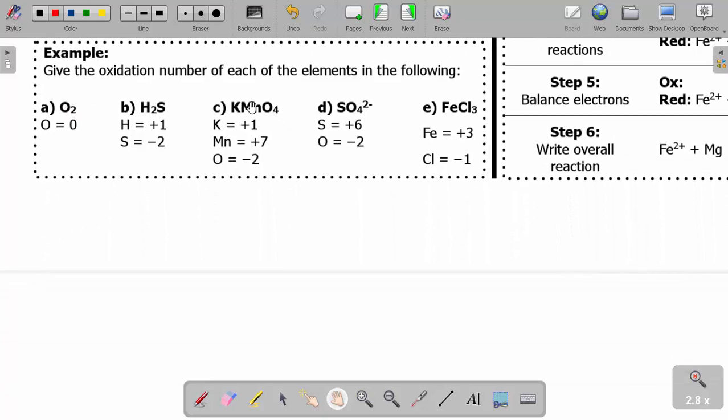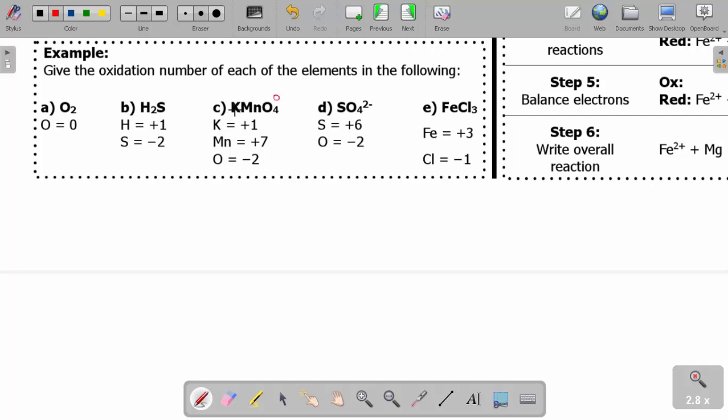For manganese. Let the oxidation state for manganese be any letter. I'm going to use Y. Because this is neutral, it's not like here which is charged, if I add all oxidation states here, I must get 0.